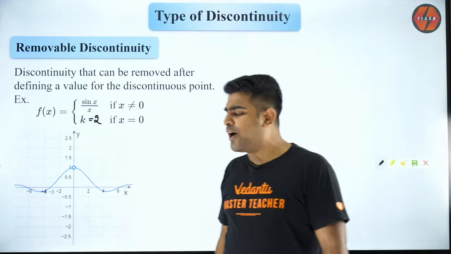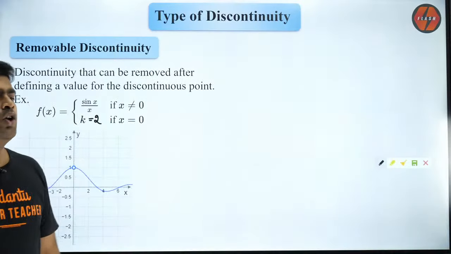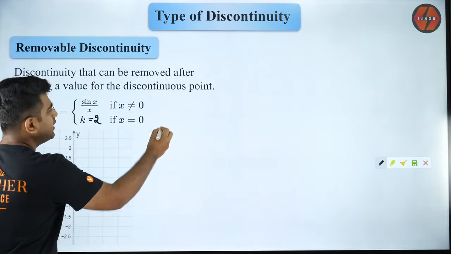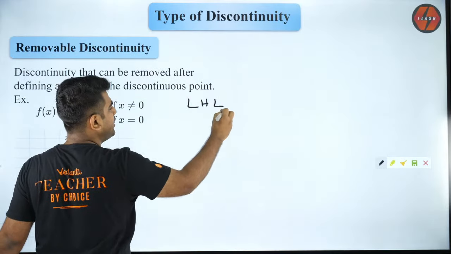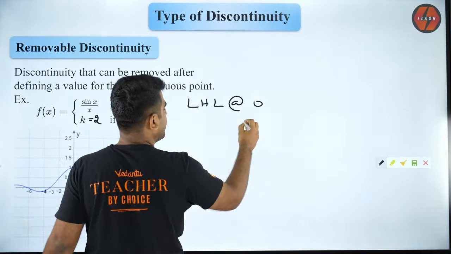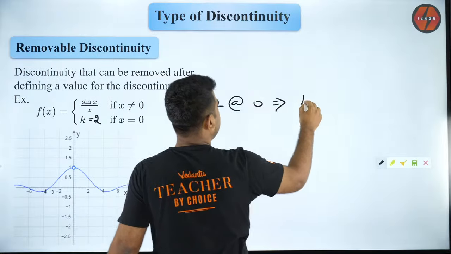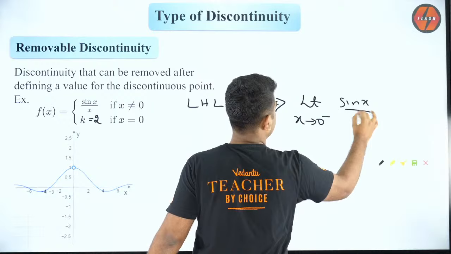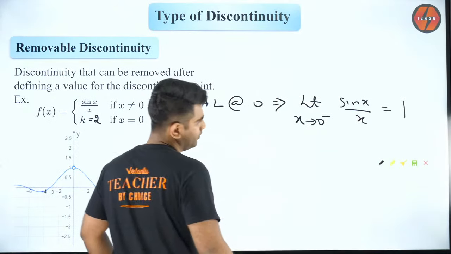So do you think this function is continuous at 0? No, it is not. Because the left hand limit at 0 will be limit x tending to 0 minus sin x by x, which will be 1.